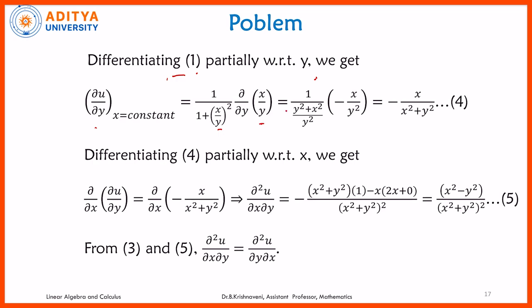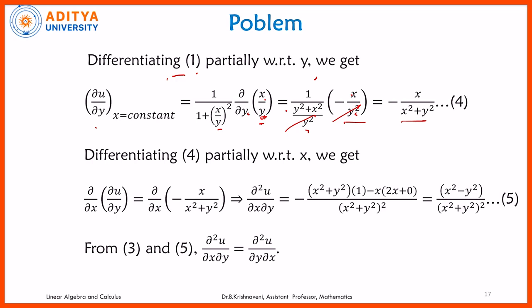This is equal to 1 by y square plus x square by y square, and dou by dou y of x by y, with x constant, where the derivative of 1 by y is minus 1 by y square. So y square gets cancelled, and we get minus x by x square plus y square.